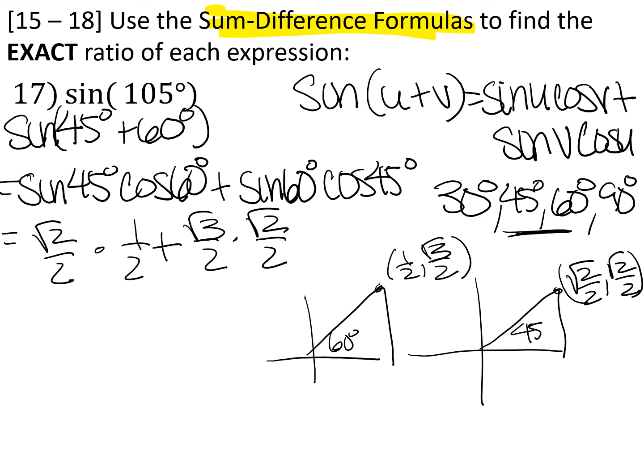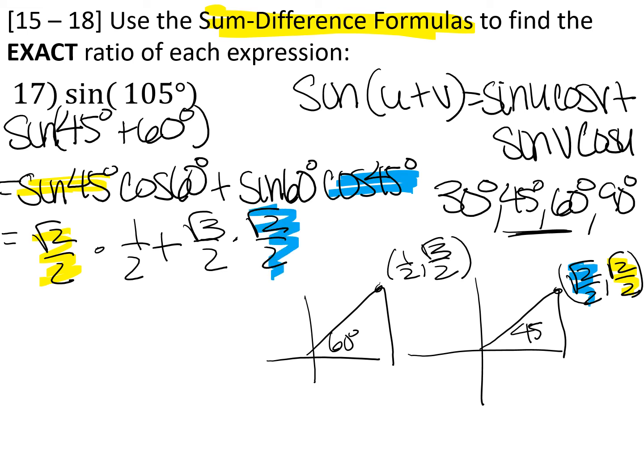Let me do a little highlighting just so you can see where I'm getting those. So 45 here. And then when I'm doing my 45, let's change my color here. This 45 here is coming from here.